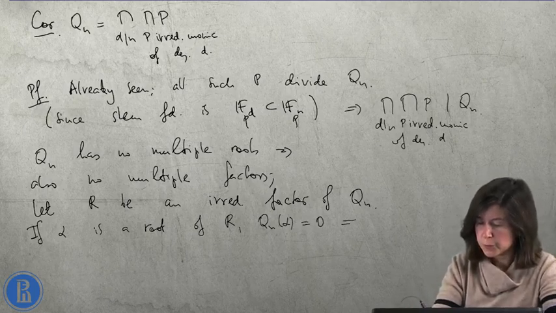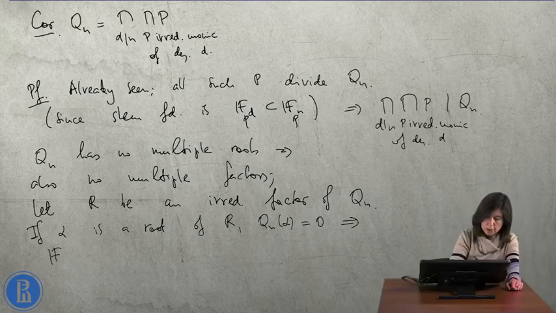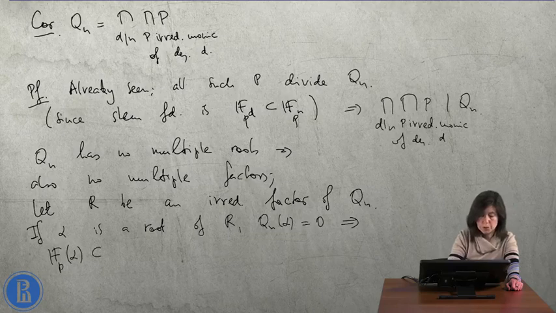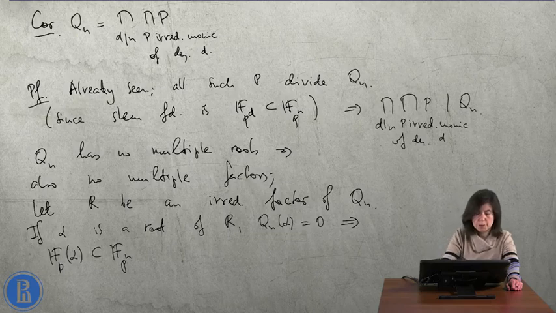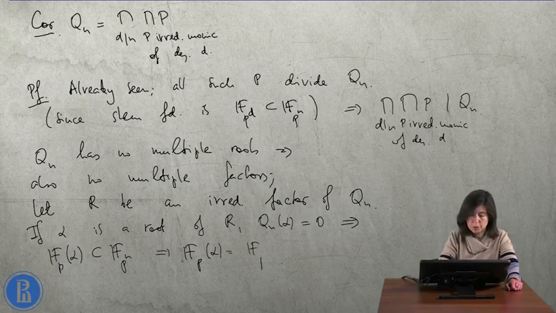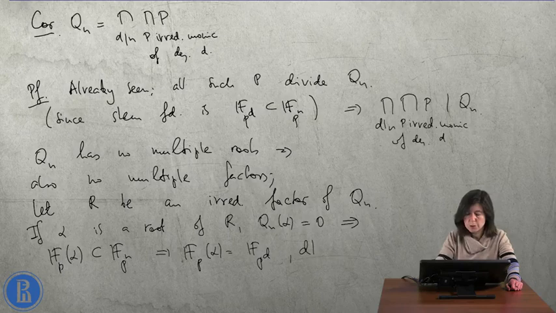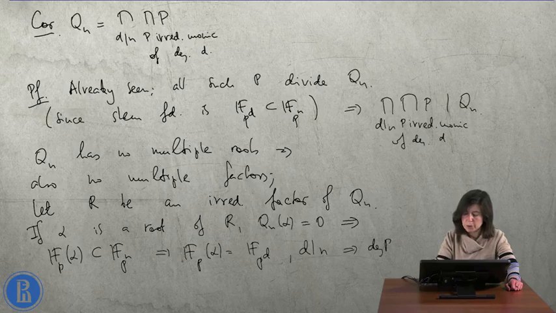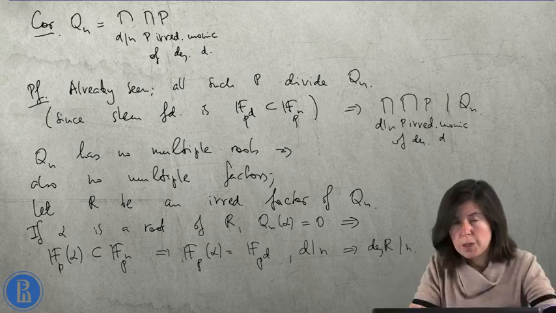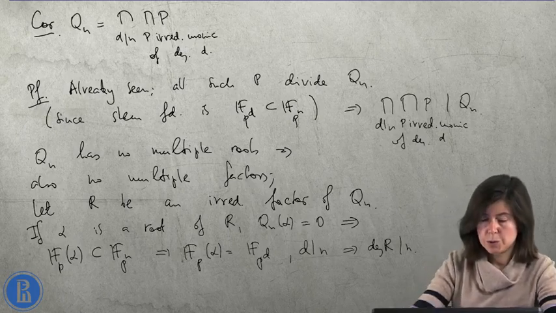So this means that F_p(alpha) is contained in F_{p^n}, and this means that F_p(alpha) is F_{p^d}, where d divides n, and so this means that the degree of R divides n. So there are no other irreducible factors.